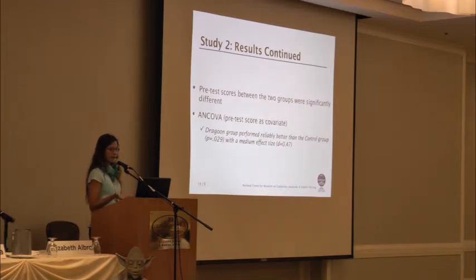And in the end, we got an effect size of 47 and significant results. So essentially, Dragoon worked in terms of teaching students physiology content. Especially what we were focusing on for the content in this case was energy balance and blood glucose homeostasis.